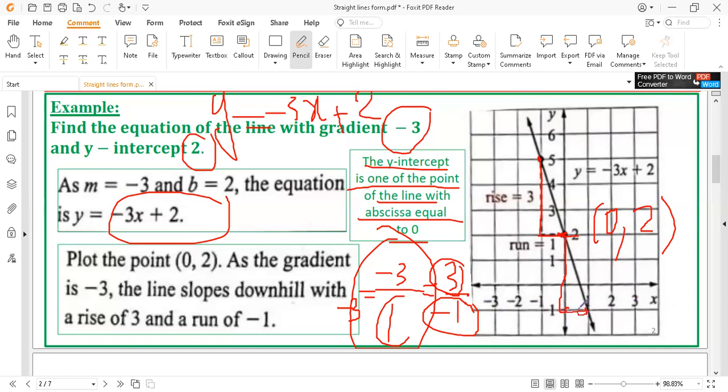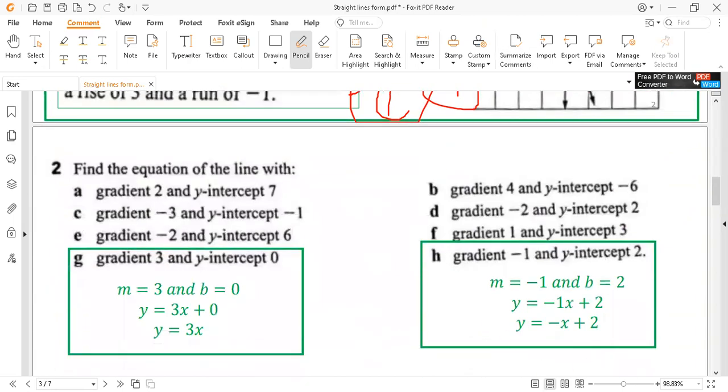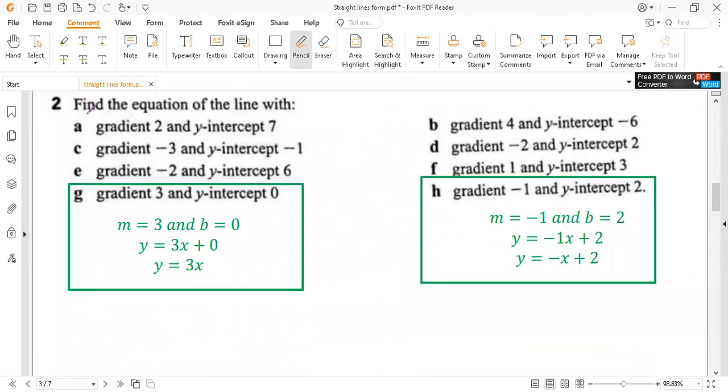We obtain this point, and we can join the two points to obtain the same line. So it is easy to find the equation of the line using the gradient and the y-intercept, because the y-intercept is b and -3 is m.